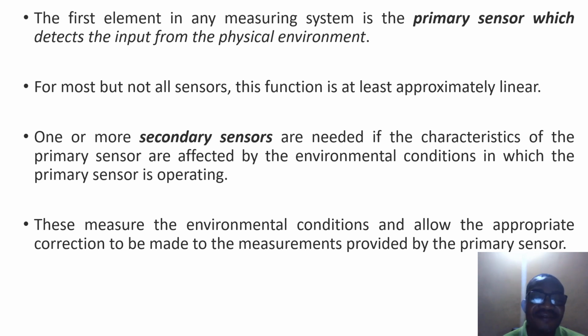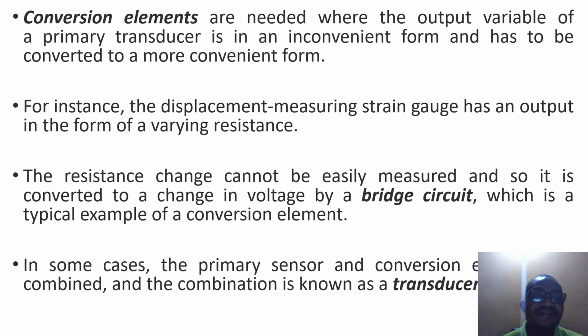Then we also have one or more secondary sensors that are needed if the characteristics of the primary sensor are affected by the environmental condition in which it is operating. These measure the environmental conditions and allow the appropriate corrections to be made to the measurements provided by the primary sensor.